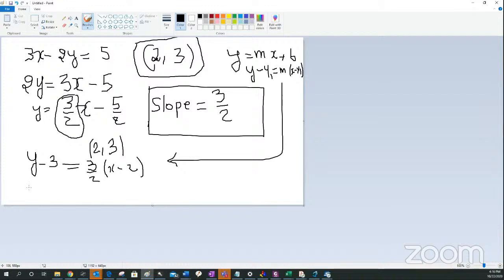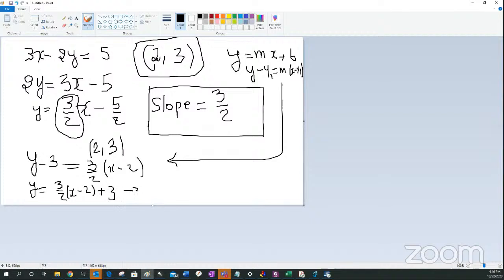Then your y is equal to, you add 3 to each side, so y is equal to 3 over 2 times (x minus 2), plus 3.